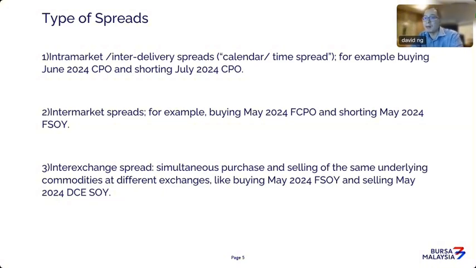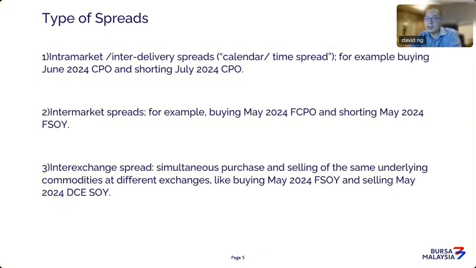Right now the active month is July. If you're doing a spread, you're probably doing two different months. So if you are doing a July-August calendar spread, that means you are either selling July or buying July, and definitely you'll be doing the opposite in the August month. So that's a time spread or calendar spread, which is very common. A lot of the examples presented here today are mainly calendar spreads.